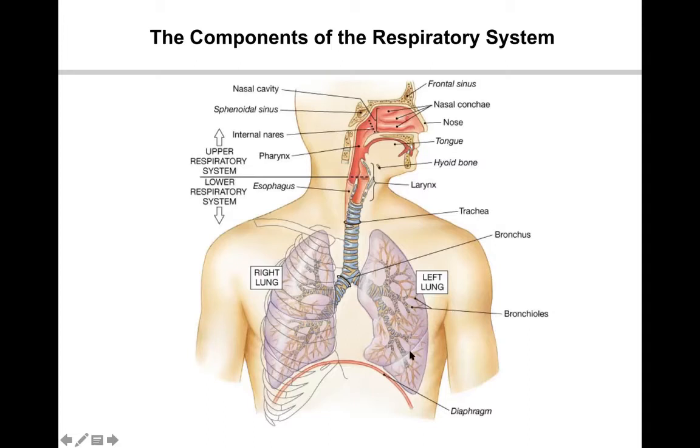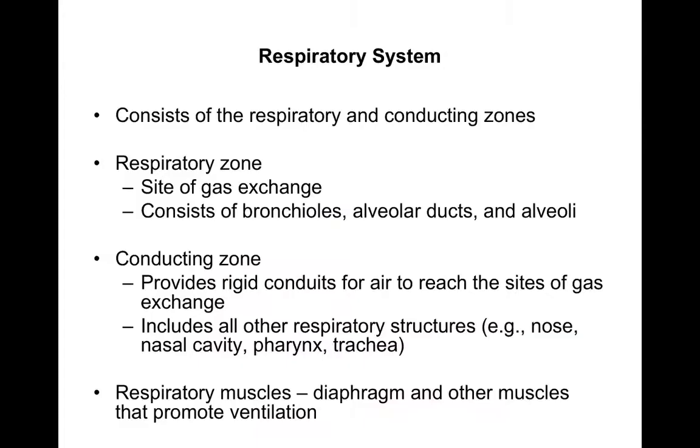These are air sac-like structures where the final exchange of gases takes place. So as I said, there is a respiratory zone and there is a conducting zone, which helps in the entire process of respiration.